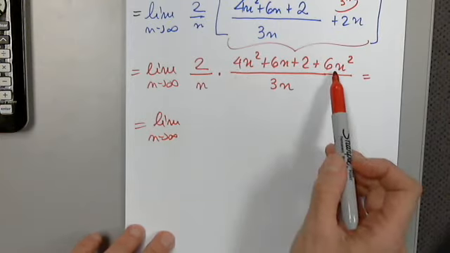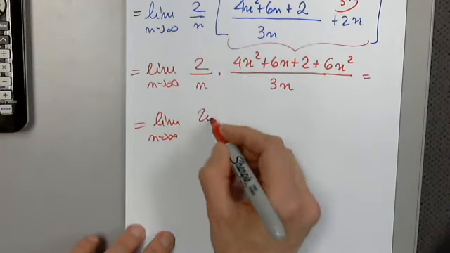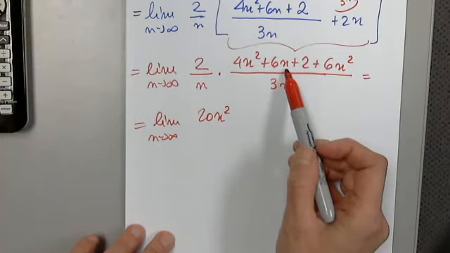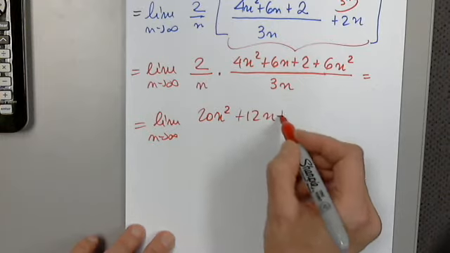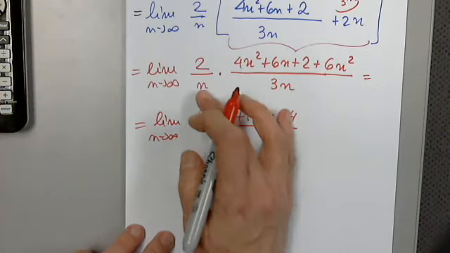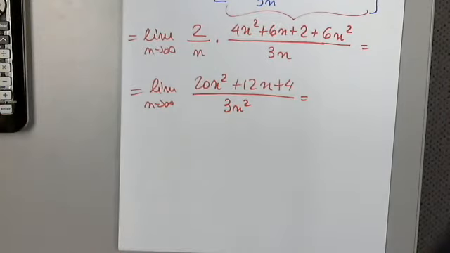So 4n squared plus 6n squared is 10n squared times 2, 20n squared. 6n is alone times 2 is 12n. 2 times 2 is 4, and 3n times n, 3n squared. From pre-calculus, we know what happens when we determine the limit as n approaches infinity from same degree over same degree.